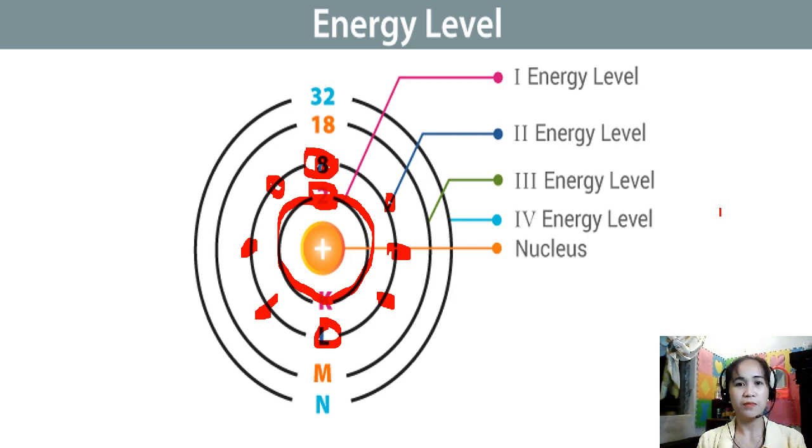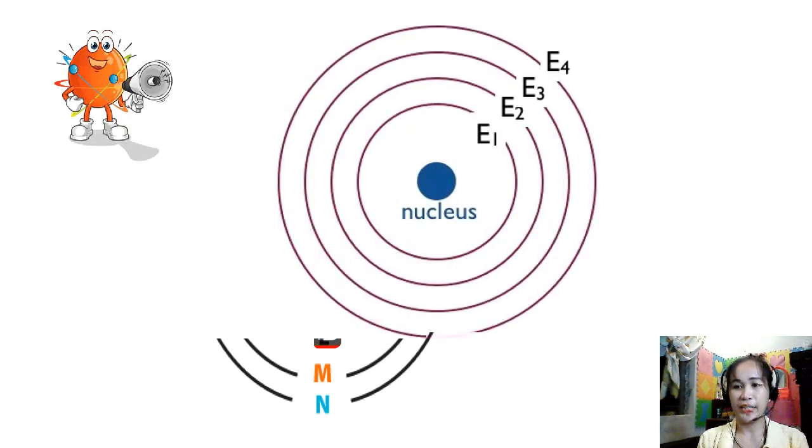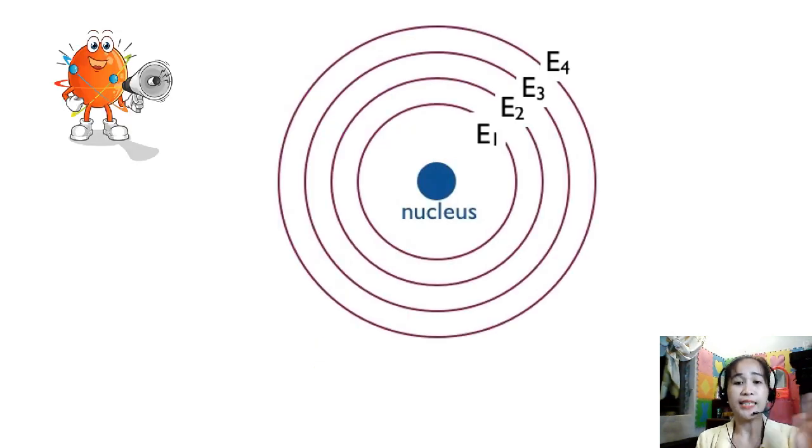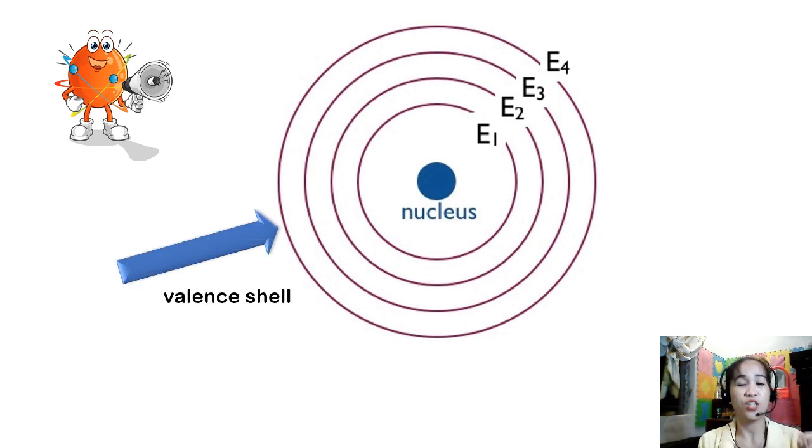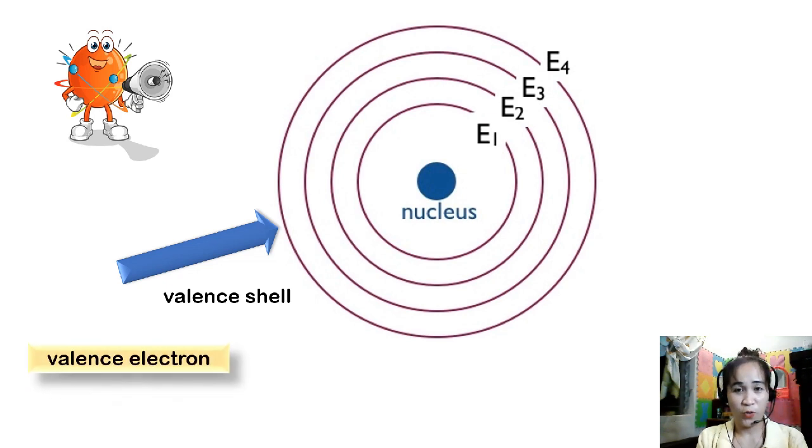Okay? So, next. So, guys, the highest energy level that an electron occupies is referred to as the outermost shell or valence shell. Okay? And the electrons in the valence shell are called the valence electrons.